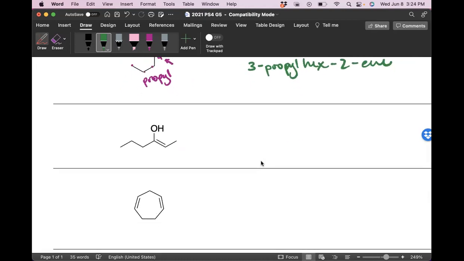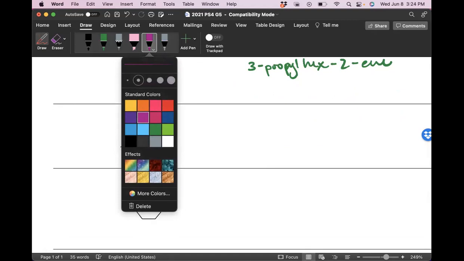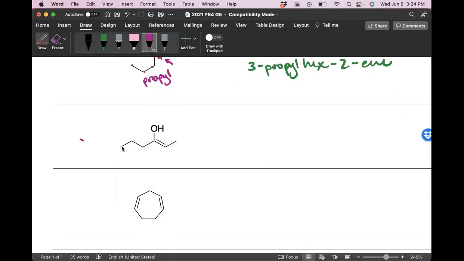Now we get into an enol. Enols are weird because you can fit in 2 suffixes, and that's something we haven't seen. Let's first identify our parent chain. We have a parent chain of 1, 2, 3, 4, 5, 6, a hexene, because we have an alkene right here.